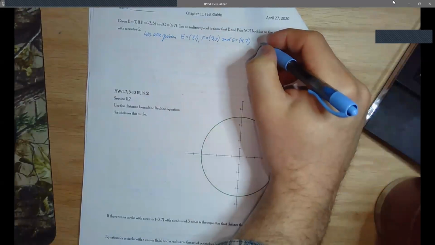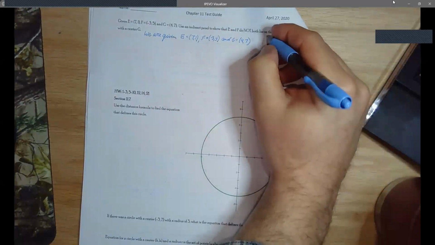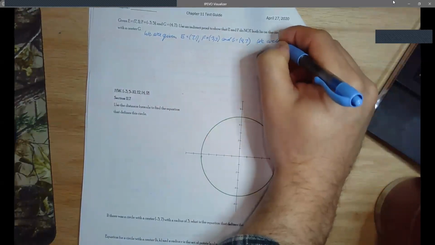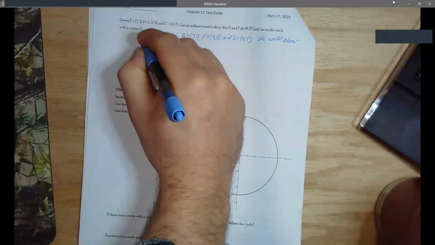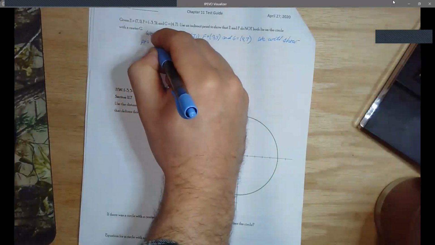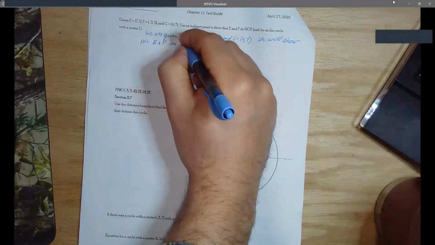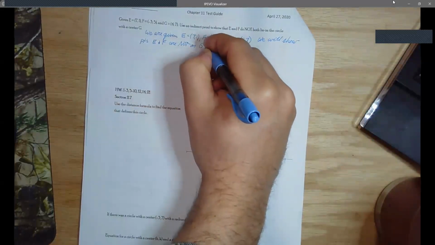What we're trying to prove is that they're not on the same circle. So we will show points E and F are not on circle G.